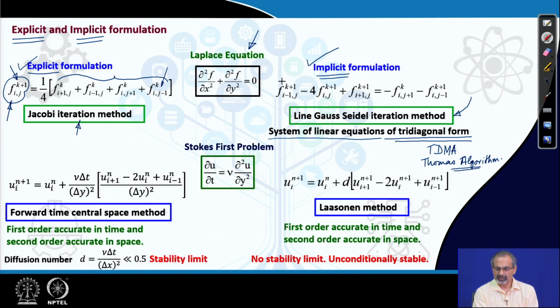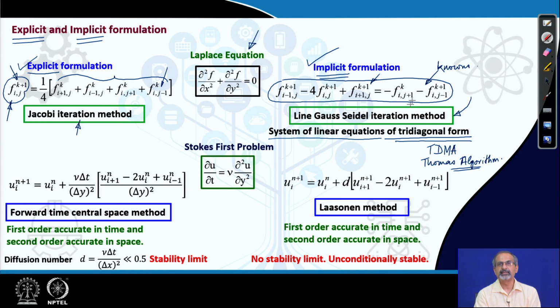So, here what you notice is that the values of f at 3 adjacent points i minus 1 j, i j and i plus 1 j are being solved for the k plus 1th iteration level. And what you have on the right hand side are the knowns.